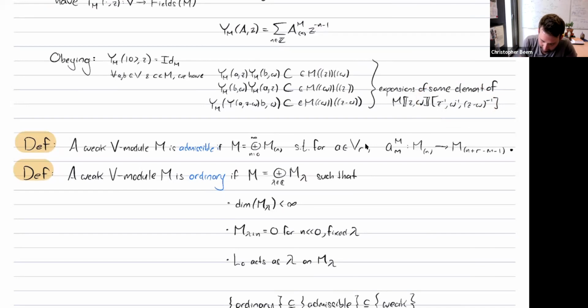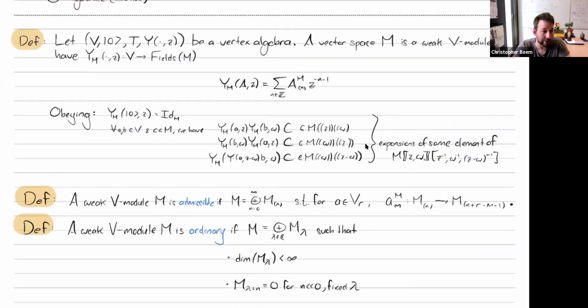You have a slightly different condition giving you associativity, because there you bring A and B together in the vertex algebra way, and then they act on the module in the module way. So you have an expression that involves one Y_M and one Y instead of two Y_Ms. Nevertheless, that should give you the same expression, meaning that when you expand this as an element of an appropriate space of formal series, it should be an expansion of the same underlying element of the more rational space.